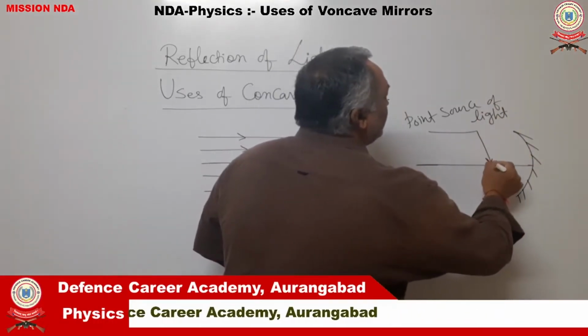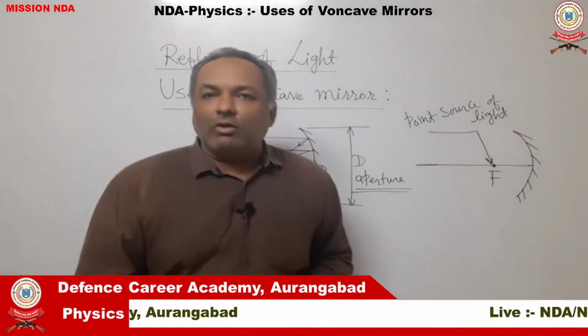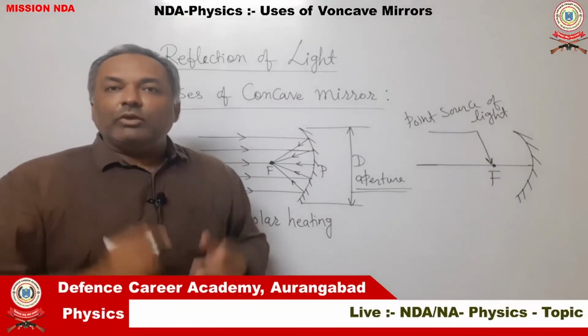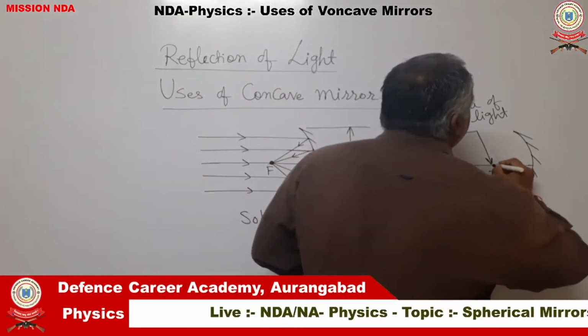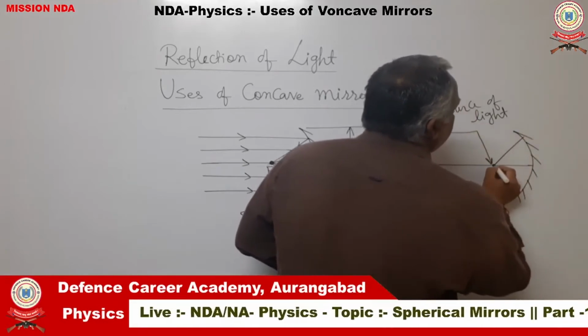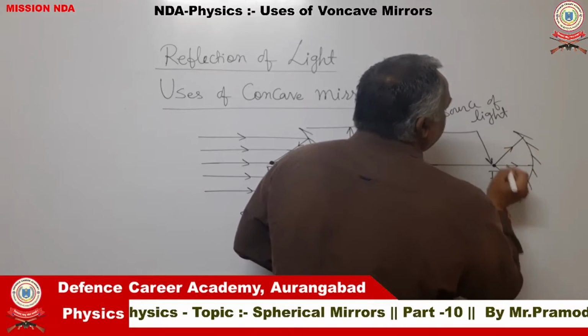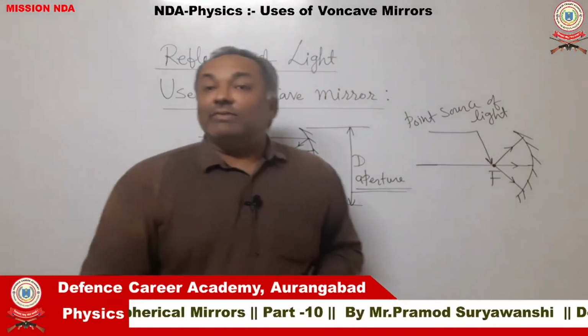So a point source of light is placed exactly at the focus of this concave mirror. Now, what is going to happen? This source of light is going to emit rays in all possible directions like this. So, of course, it is going to emit in the forward direction as well.